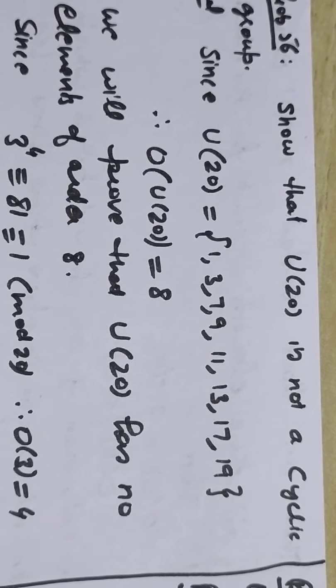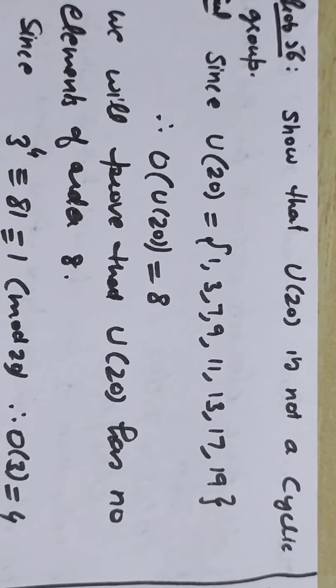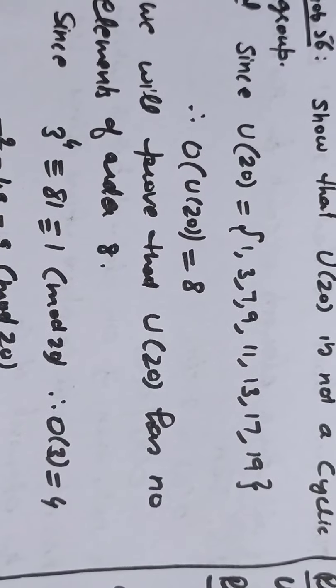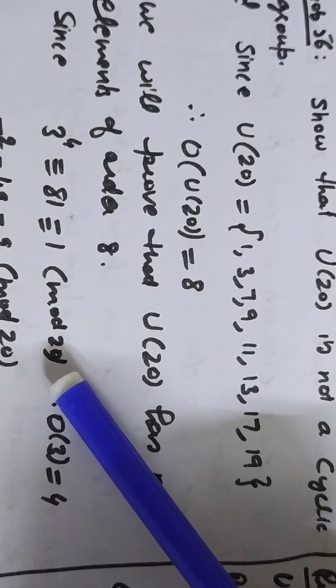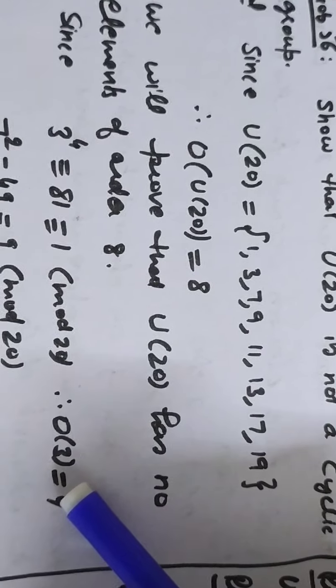For that I will visit every element in the group. First I see that 1 is the identity element. Therefore I will start with 3. When you take power 4 of 3, you will get 1 as a remainder upon dividing by 20. Therefore the order of 3 is 4.